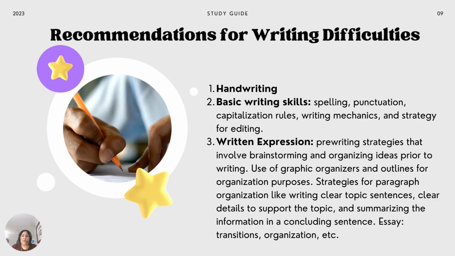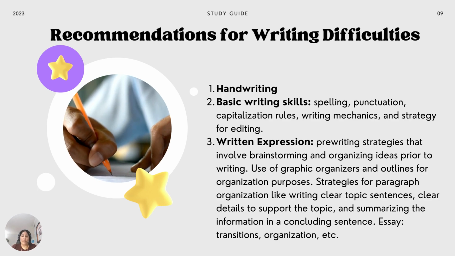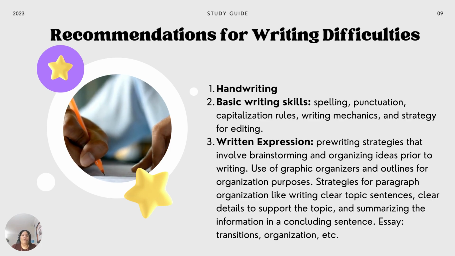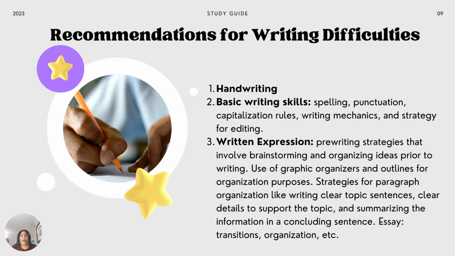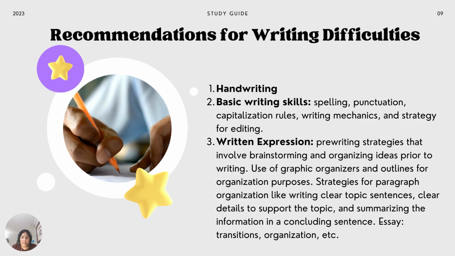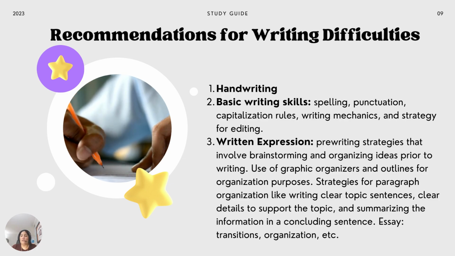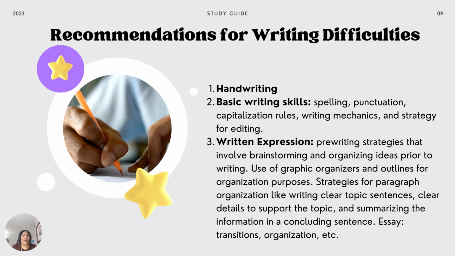For example, we can recommend prewriting strategies that involve brainstorming and organizing ideas prior to writing. We can recommend the use of graphic organizers and outlines for organization purposes, strategies for paragraph organization like writing clear topic sentences, clear details to support the topic, and summarizing the information in a concluding sentence. Or for essays, we can talk about transitions and organization.